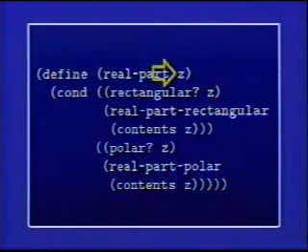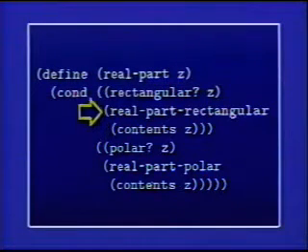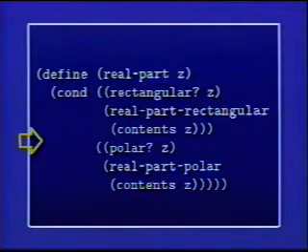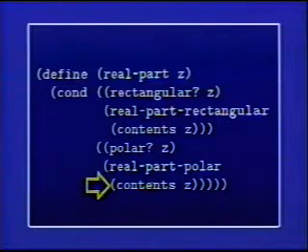Right, this is a number that has a type on it. I strip off the type using contents and apply George's procedure. Or, is this a polar complex number? If I want the real part, I apply Martha's real part procedure to the contents of that number. So that's how real part works.